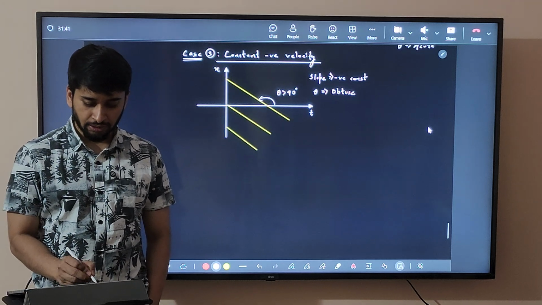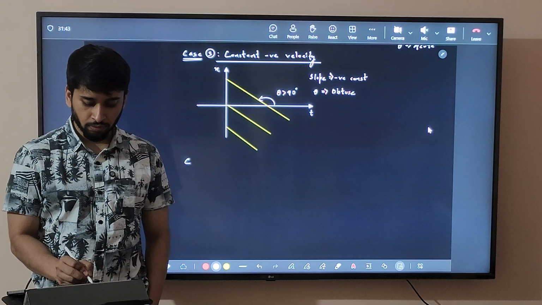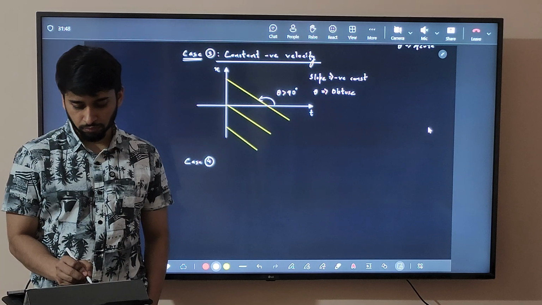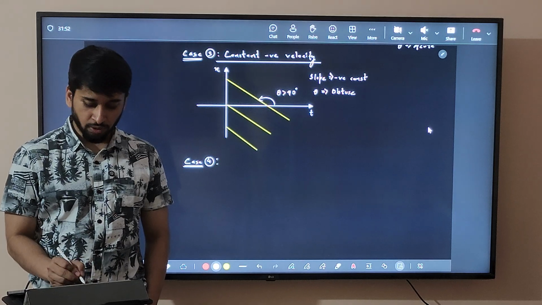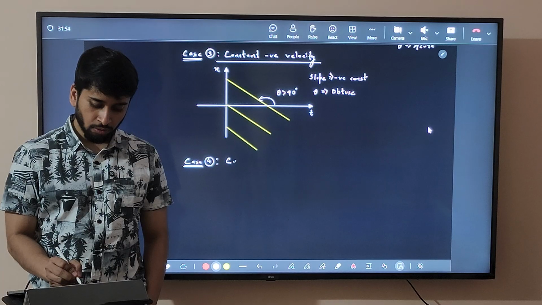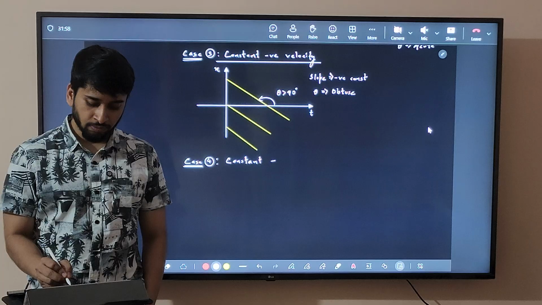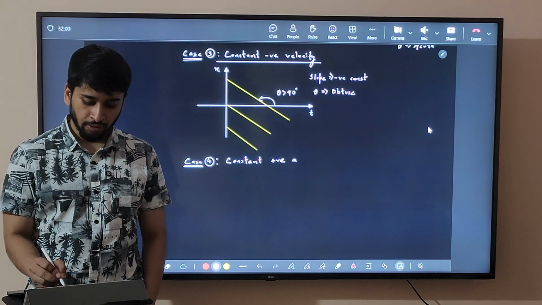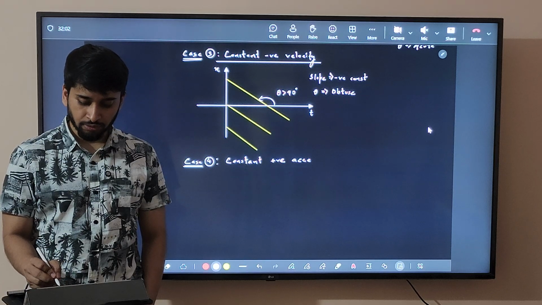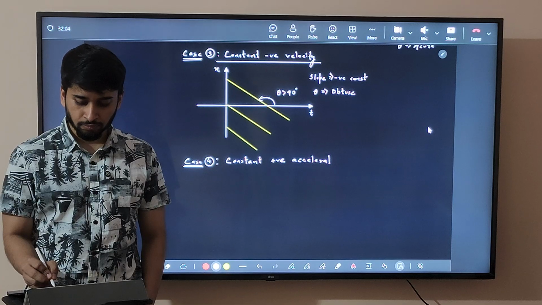So let me take case 4. Case 4 is constant positive acceleration. Fine.